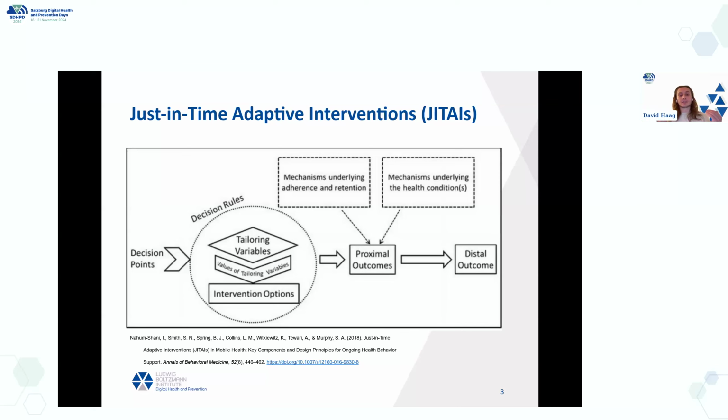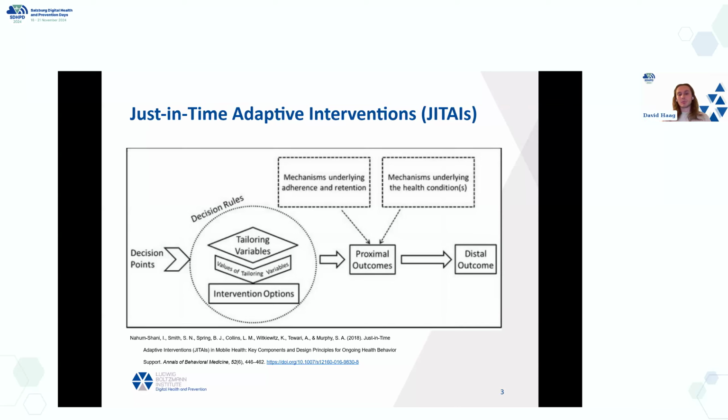And then based on the values of those tailoring variables and the decision rule, you're going to choose one out of a couple of intervention options, or just choose if you want to send an intervention at all. So, for example, a very simple just-in-time adaptive intervention that many of you might know if you're using wearables or physical activity trackers, they sometimes send you a little message to get up and walk around a bit if you have been sitting for too long.